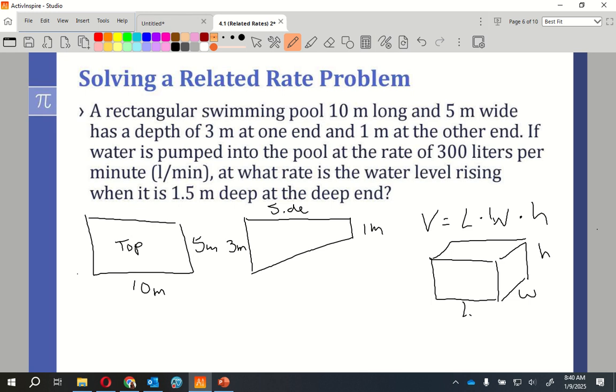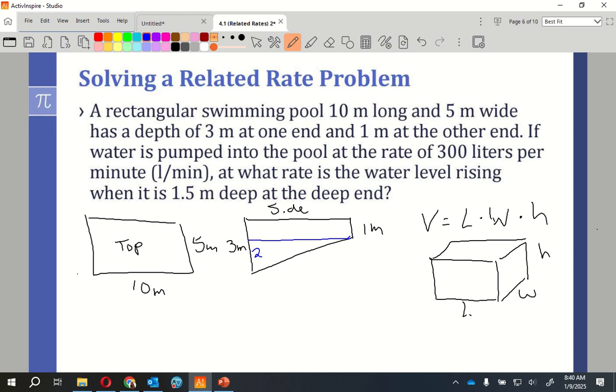But the problem is the height depends on the level of the water. So this right here coming all the way across, if it's more than 2, the height of the water is going to increase at a constant rate because that is a regular shape.